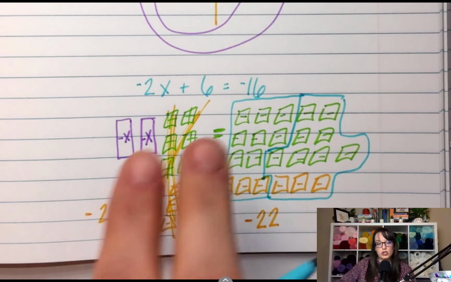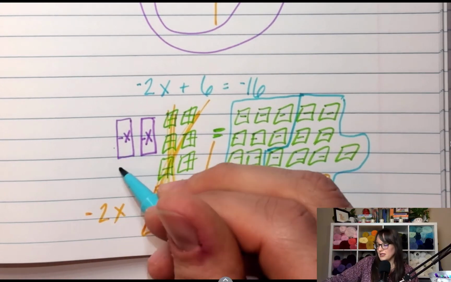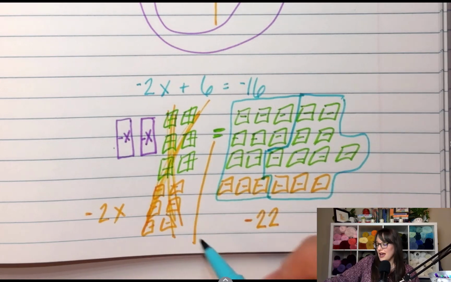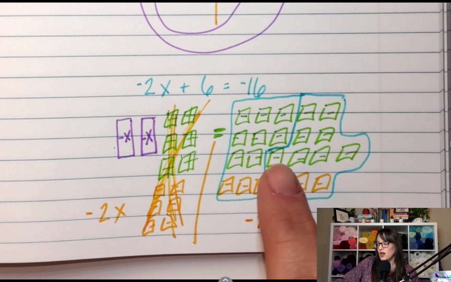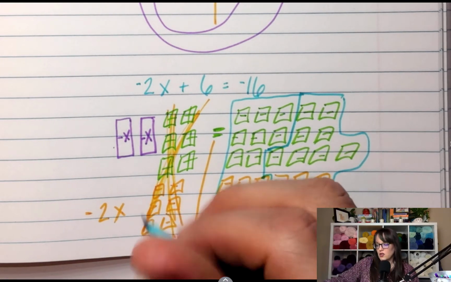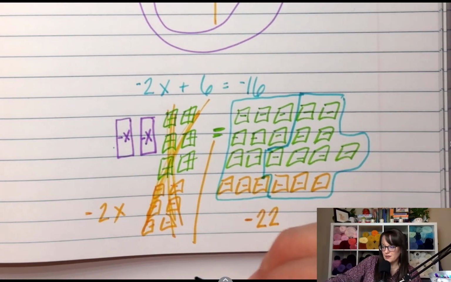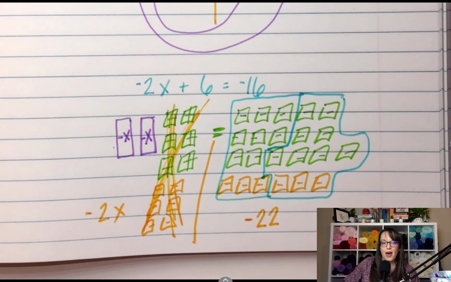2 groups, 2 boxes. So a negative x, because this is 1 negative x, is equal to 11 negatives, but my answer needs to be for a positive x. So what's the opposite of a negative x? A positive x.